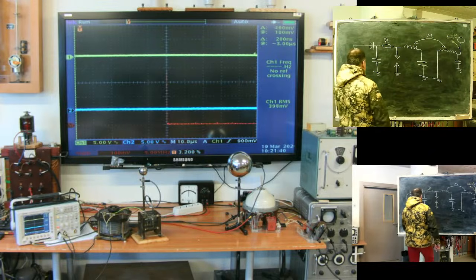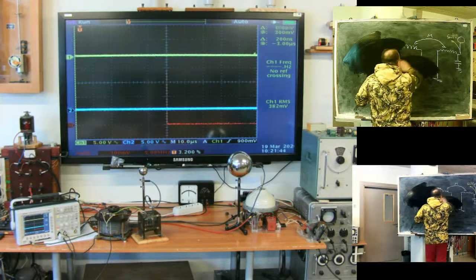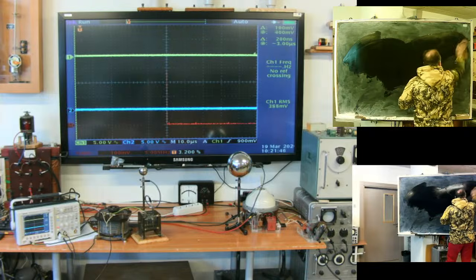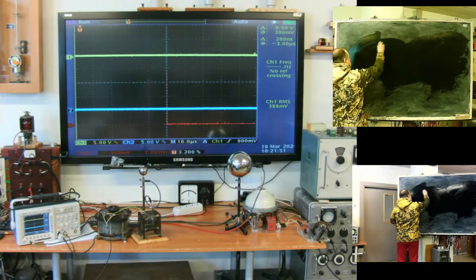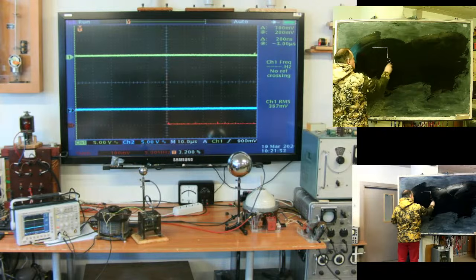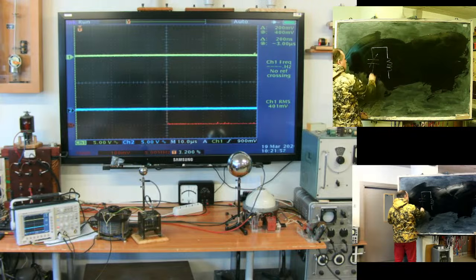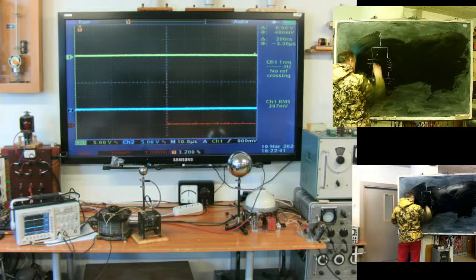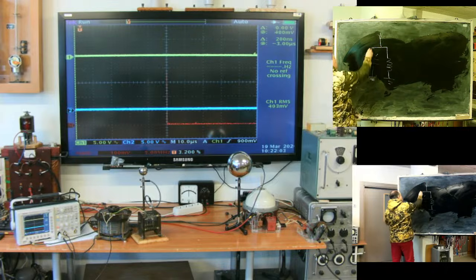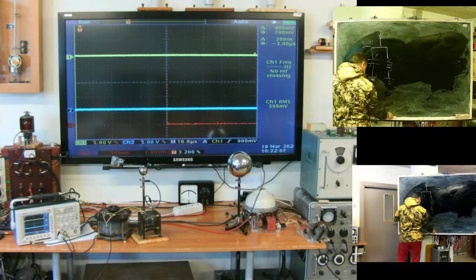A coil, an adjustable capacitor, a small antenna, and here I'm taking the second signal.